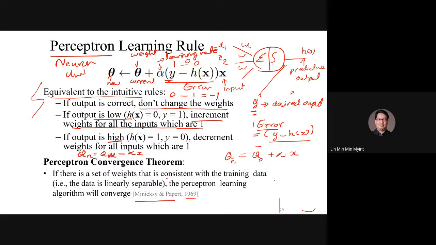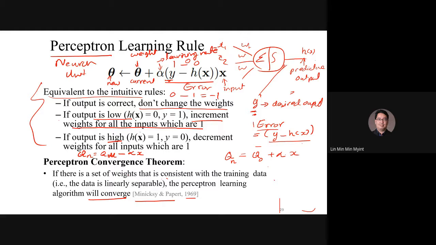So this rule we call the perceptron learning rule. If the set of weights is consistent with the training data, that is, the data is linearly separable, the perceptron learning will converge. It will find the optimum.